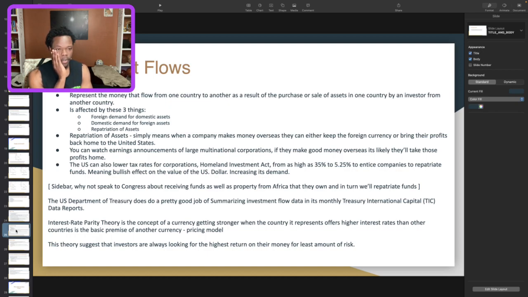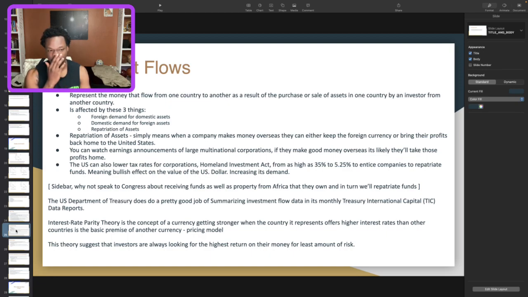Investment flows are affected by these three things: foreign demand for domestic goods, domestic demand for foreign goods, and repatriation of assets. Now, the repatriation of assets is my favorite.